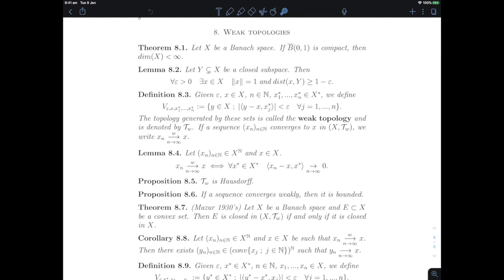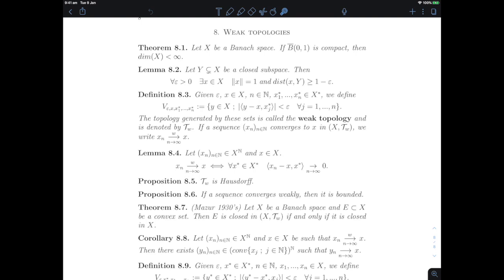It tells us that when you have a closed subspace, a proper closed subspace Y of a Banach space, then you can find vectors on the unit sphere of the Banach space that are far from capital Y. Now, the only difference with the Riesz lemma we've seen in Hilbert spaces is this epsilon. So we're not going to find vectors on the unit sphere that are at a distance exactly 1 of the subspace, but only at distance 1 minus epsilon.